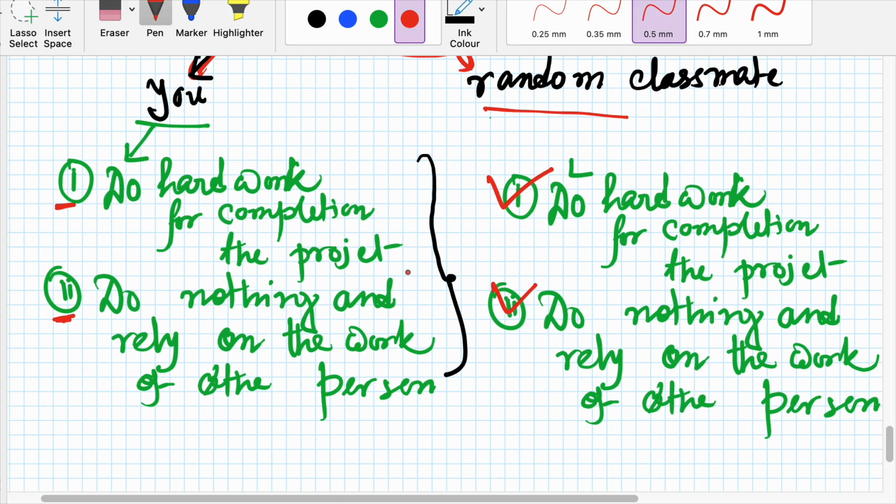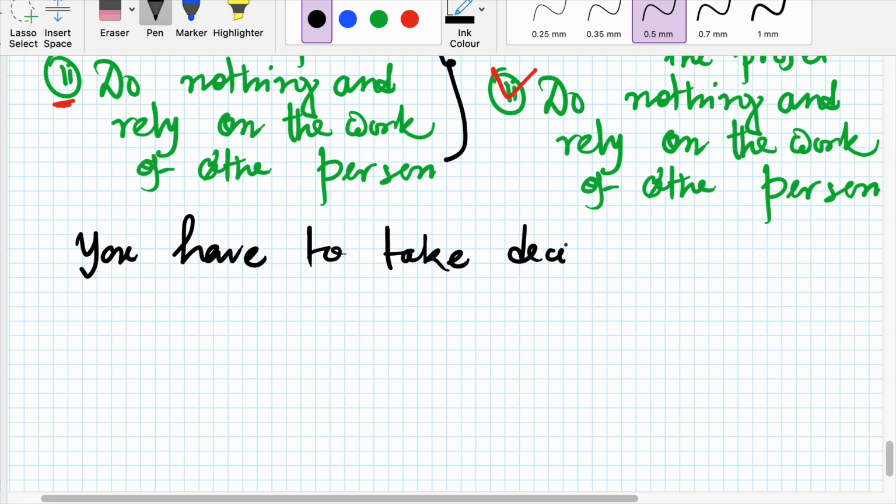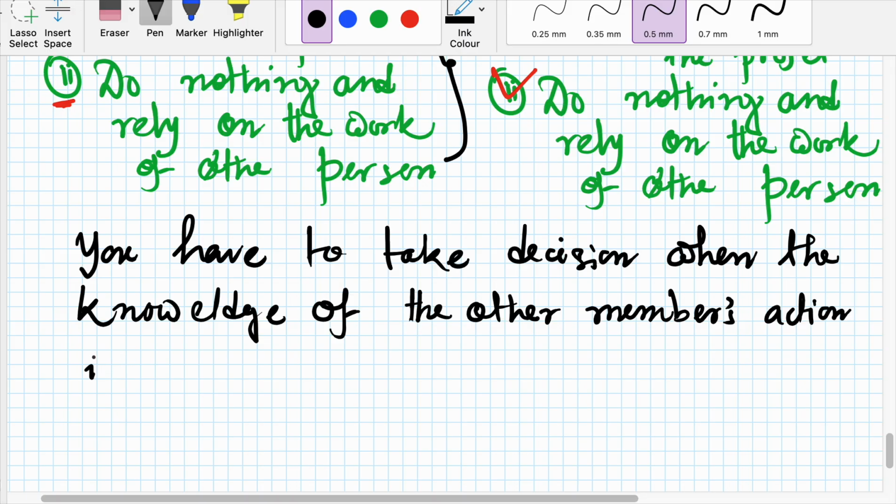Now in this case you have to take a decision when the knowledge of the other member's action is not present.